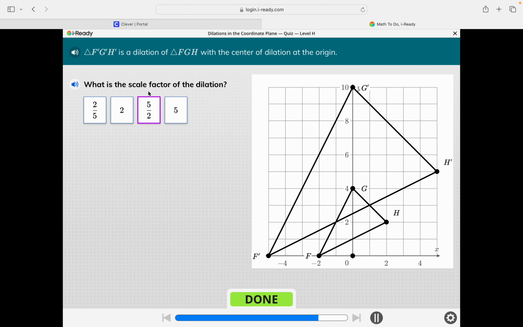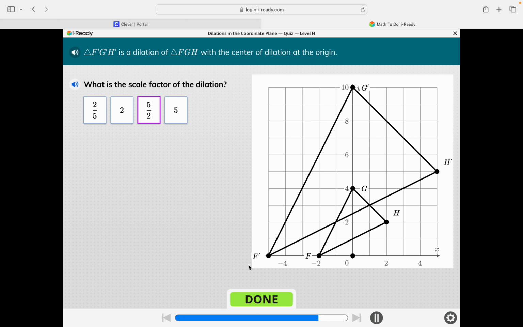So let's go with the F. Tell me F, Subani. F is minus 2 and minus 2, and 0.